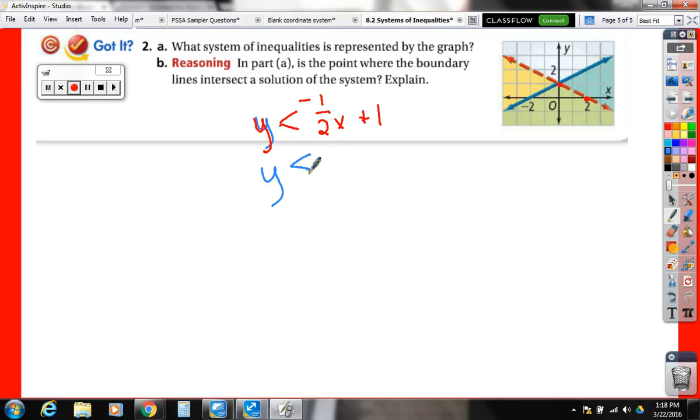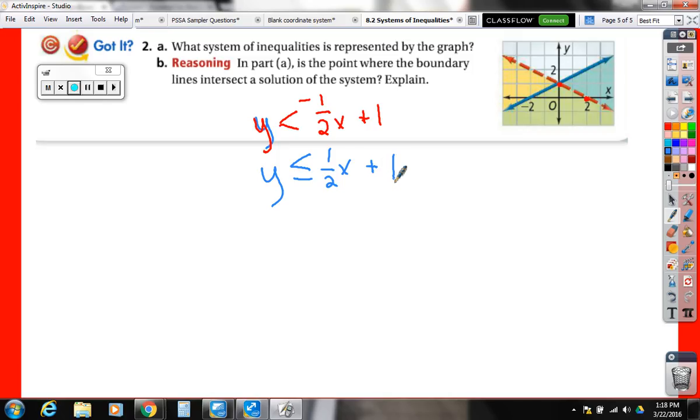Y is less than or equal to 1/2 x plus 1. Good. That's what the system should look like.